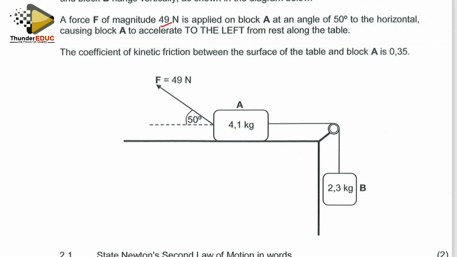Okay, and this causes the block A to accelerate to the left. Okay, so which means everything is moving to the left. And then they also gave us the coefficient of kinetic friction to the surface to be 0.35. Okay, so which means the entire system is moving in that direction.